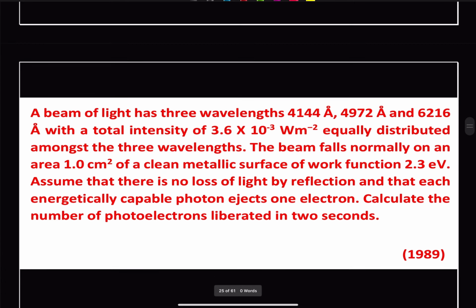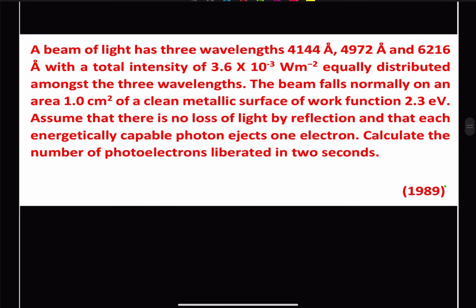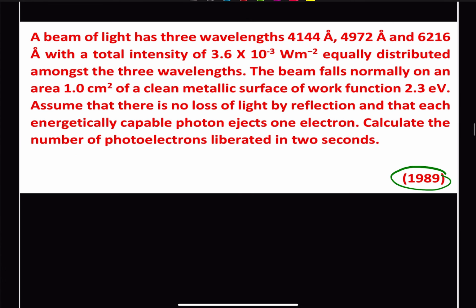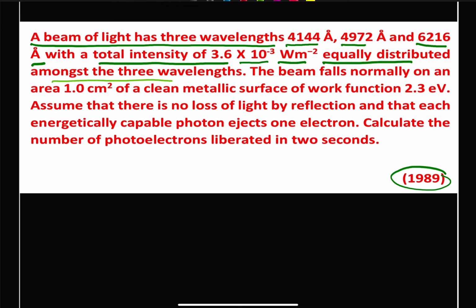Next question. It was asked in the year 1989 and states that a beam of light has three wavelengths, 4114, 4972 and 6216 angstrom with a total intensity of 3.6 into 10 to the power minus 3 watt per meter square, equally distributed amongst the three wavelengths.